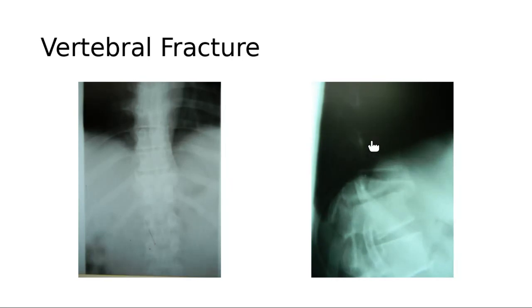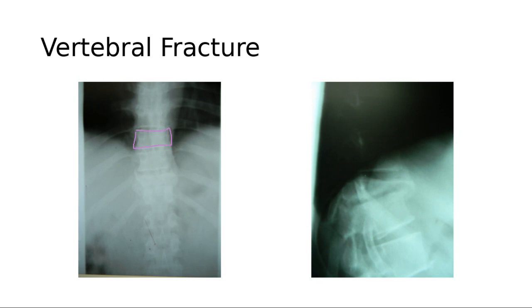This is an example of someone who has got a vertebral fracture as a result of osteoporosis. If you look at the outline of the bone, that's a vertebra. Right.